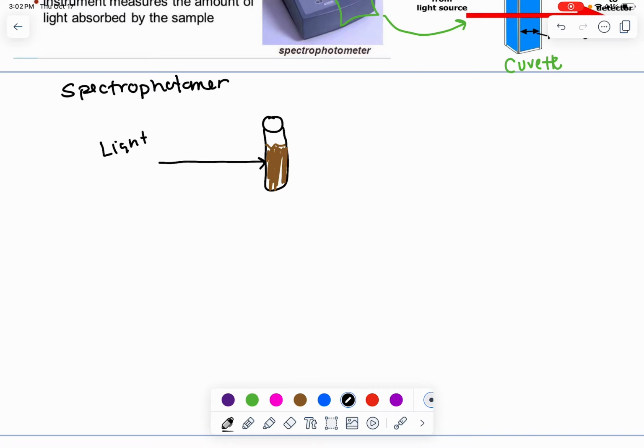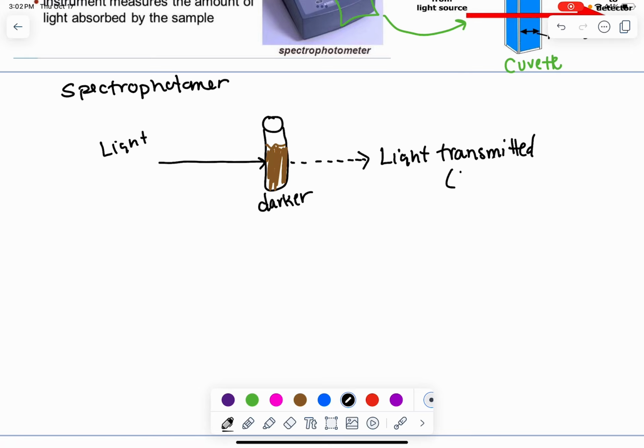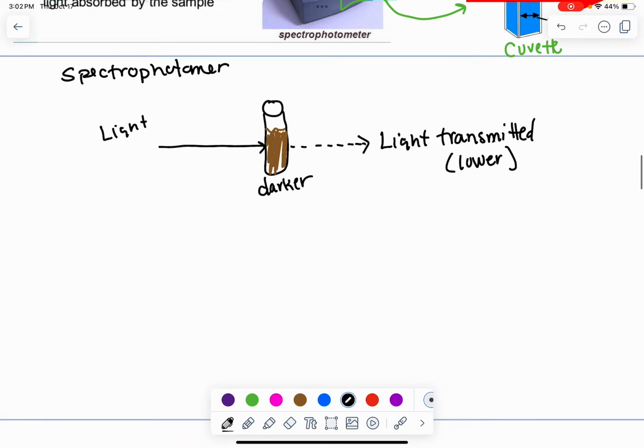If it's a dark color, so if you have a darker color, whatever the color is, this is going to be brown, then the light that's transmitted through will be a lower number if you have a darker one, okay?